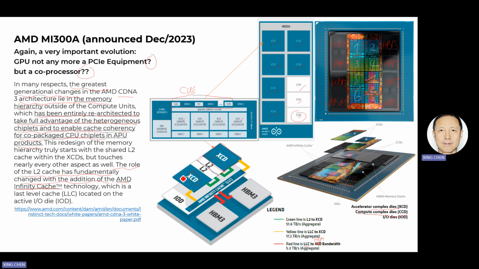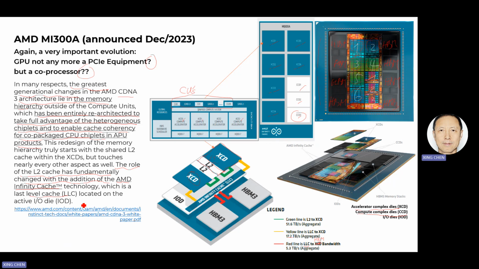But this one has been changed, because the Infinity cache has been attached not to the CCD and the XCD. It has been attached to the Infinity cache, which is the last level cache located on the I/O die. So the last level cache has been put a little bit far away from the XCD and the CCD.